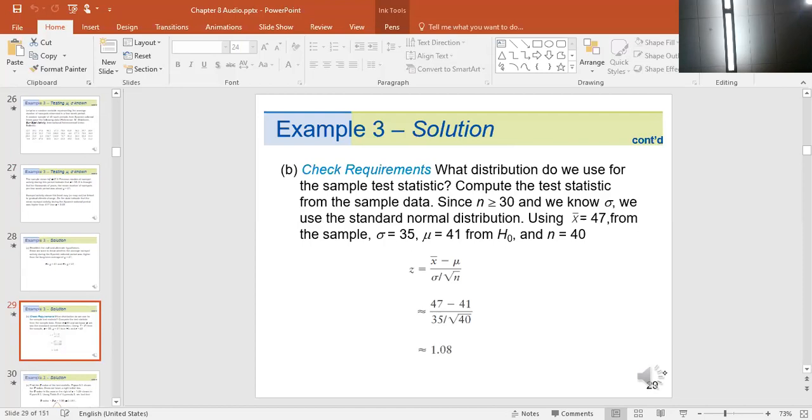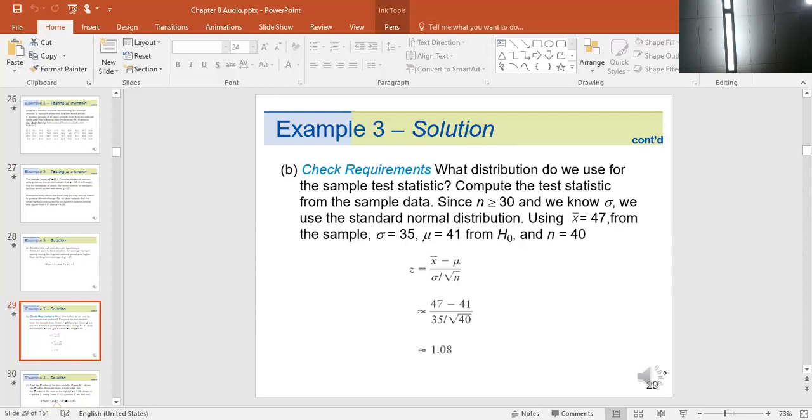Now, what was alpha? Anybody remember what alpha was? 0.05. Is this a left or a right tail test? Less than is left, greater than is right.